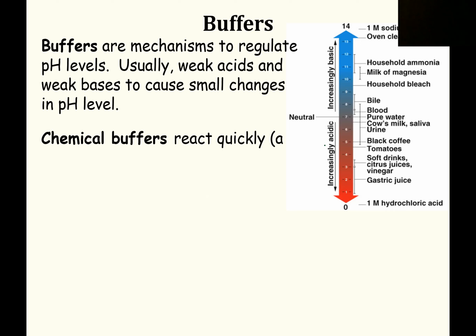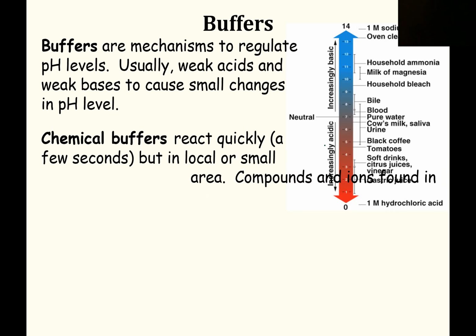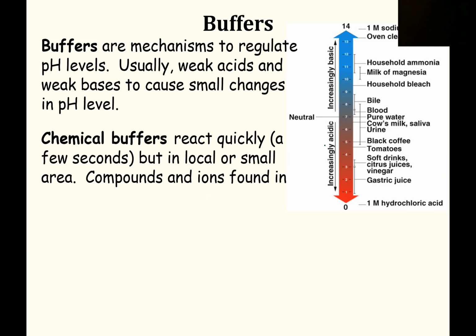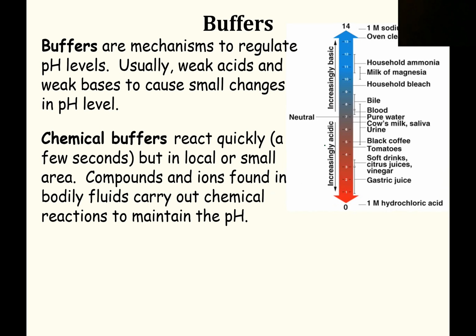You have chemical buffers and they react quickly, within a few seconds, but they only react on a local or small area, small volume. We use compounds and ions found in bodily fluids to carry out chemical reactions to help maintain pH levels. Chemical buffer systems.